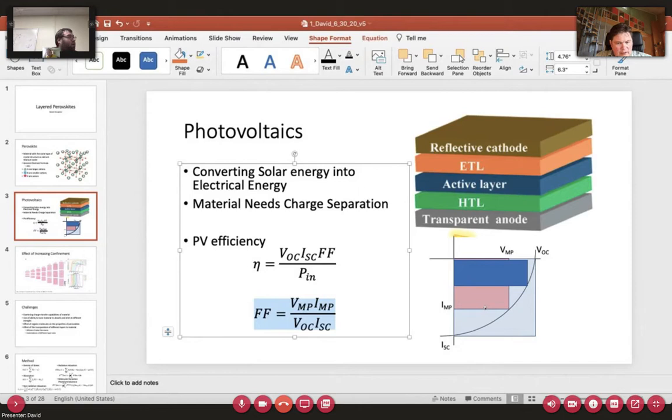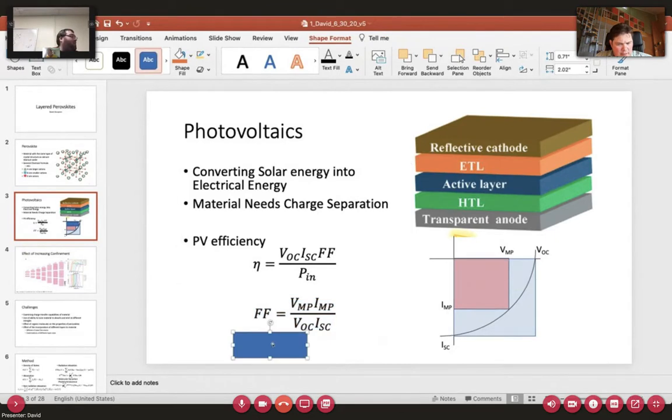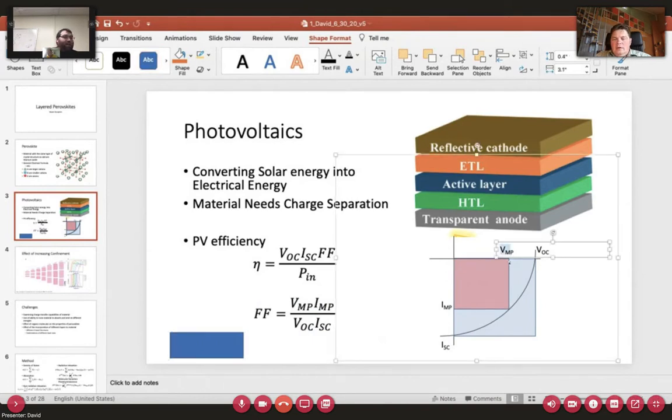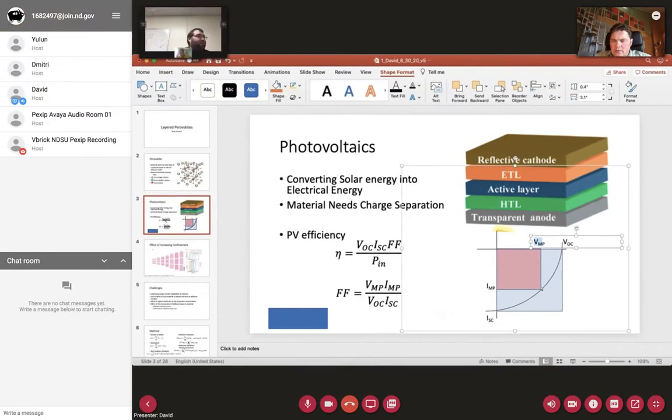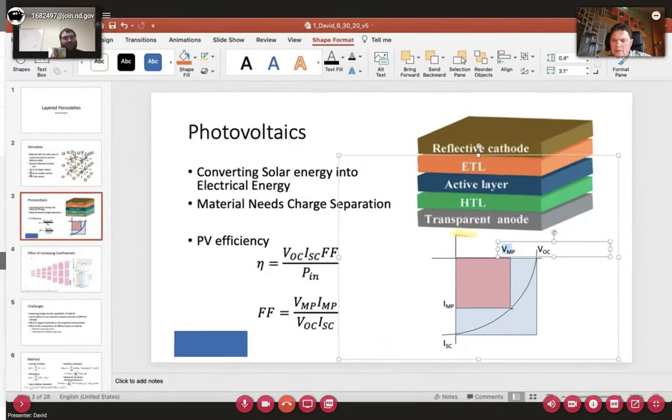And what is MP? MP is the point of maximum power. Yes, power. So this voltage is where it has its maximum power output, and this is the current where it has the maximal power output.